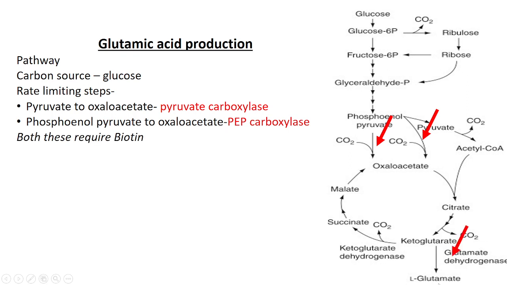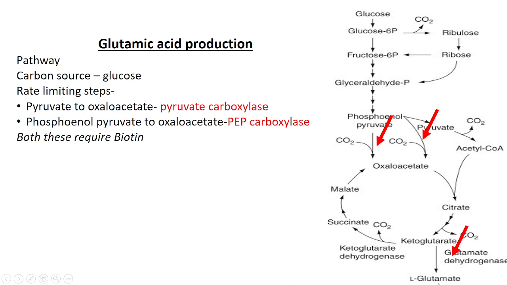Coming to the TCA cycle, the alpha ketoglutarate that is formed during the TCA cycle can be converted into the amino acid glutamate with the help of the enzyme glutamate dehydrogenase. That means if more of this enzyme is present, more of the amino acid is present.